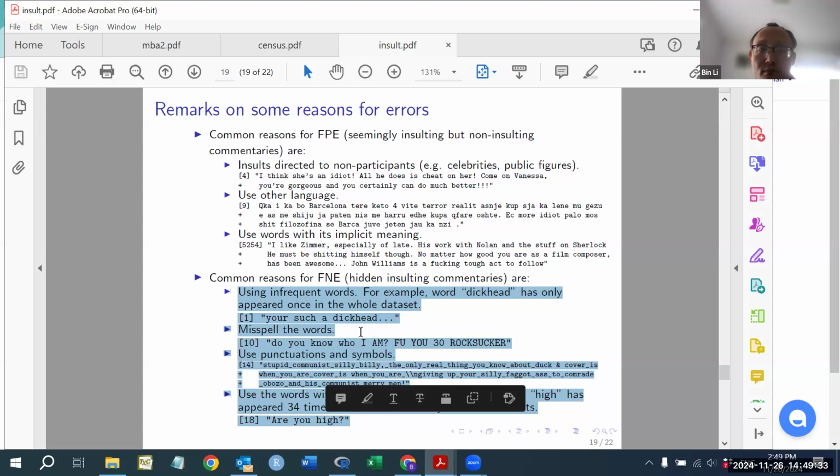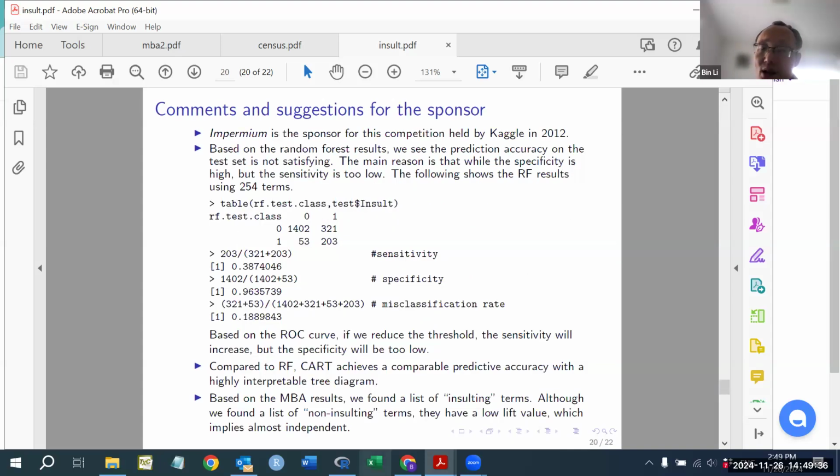models. And the next is we also need to treat ourselves as a PI, the principal investigator for this project. As I said many times, as a statistician, you have to be actively involved in this. You should not treat yourself as a programmer, but instead as an investigator. Based on all these results, we see that the prediction accuracy is not satisfying, and the main reason is that the specificity is high, but the sensitivity is too low.